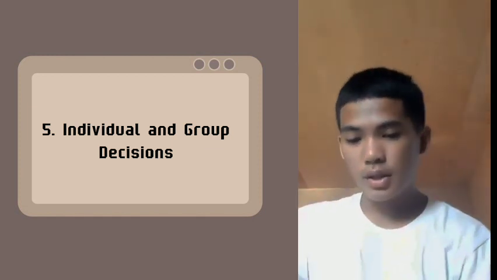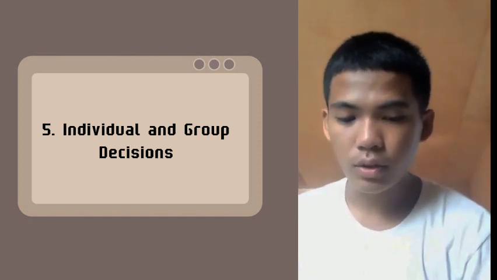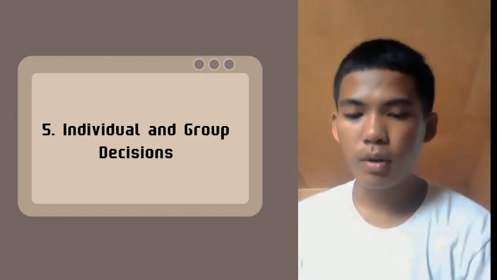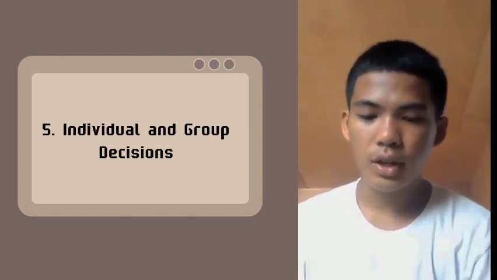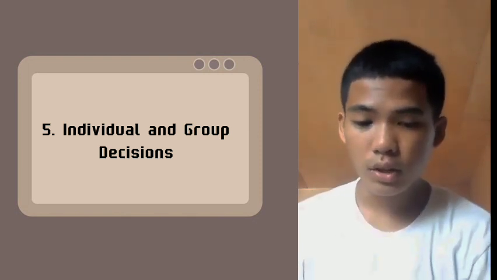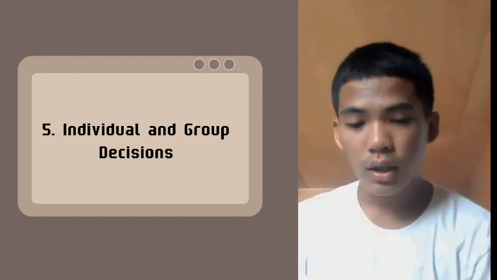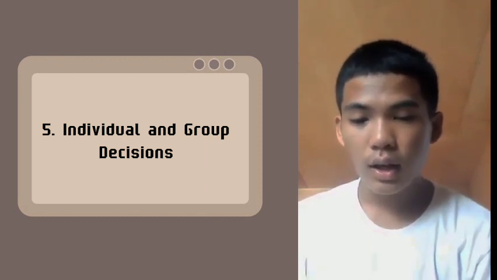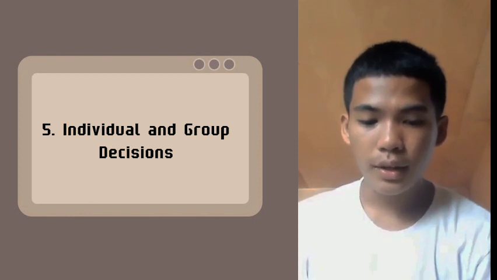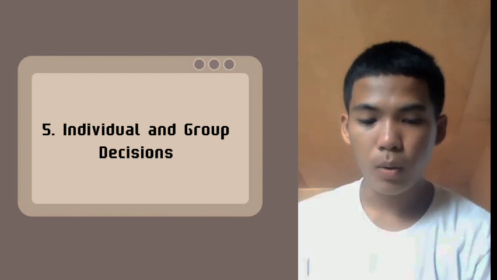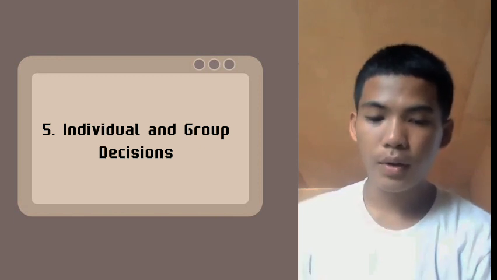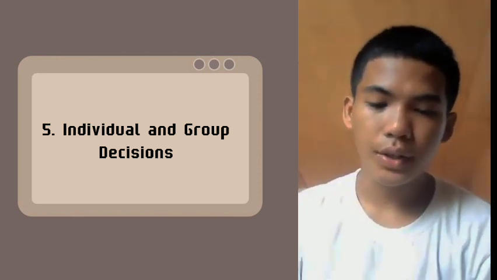Then number 6, implement the solution. This involves identifying the resources necessary to implement the decision as well as the potential obstacles. Then taking action. Decide what should be done, how, by whom, by when, and in what order.